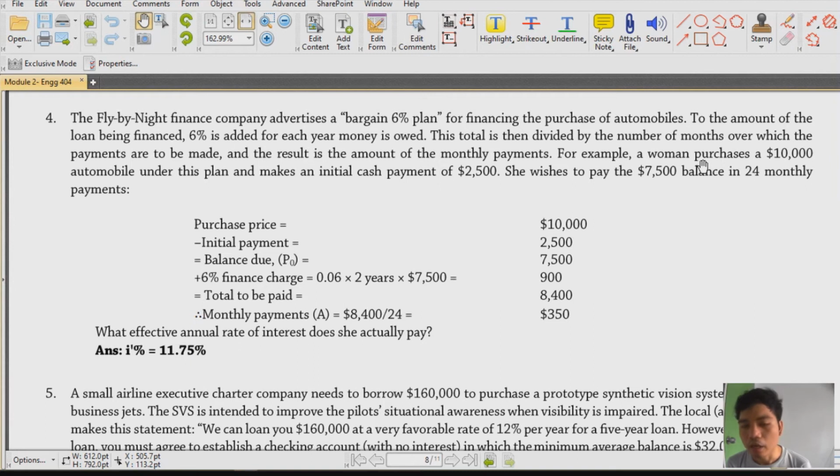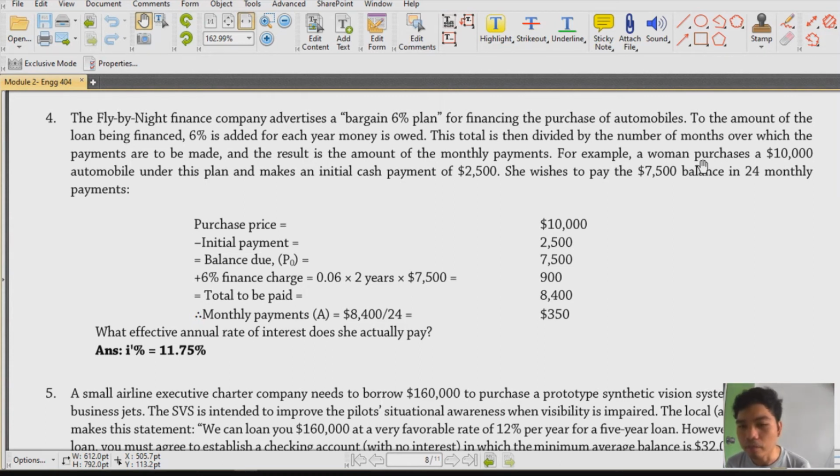So you can see the table on how it was being broken down. Yung una would be the purchase price, that's 10,000, and then minus the initial payment, which is done at the moment the contract was signed, so that's 2,500. So less, we have 7,500 that is due, and then we have the 6% finance charge for 2 years. That's 0.06 times 2 years times 7,500.